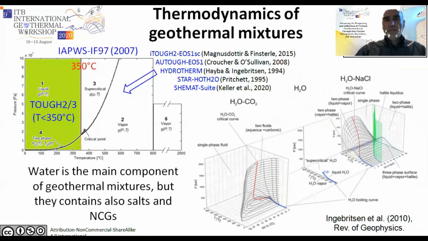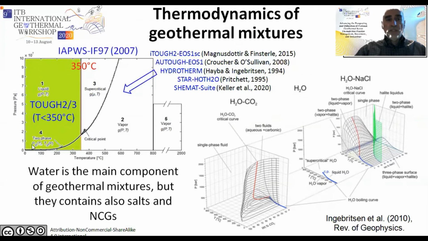Now, thermodynamics of geothermal mixtures. Geothermal mixtures are mainly composed of water, of course. So the thermodynamics of water and water properties shall be computed in an accurate way. Usually now we are using the International Association for the Properties of Water and Steam, the IF97 correlation updated in 2007.